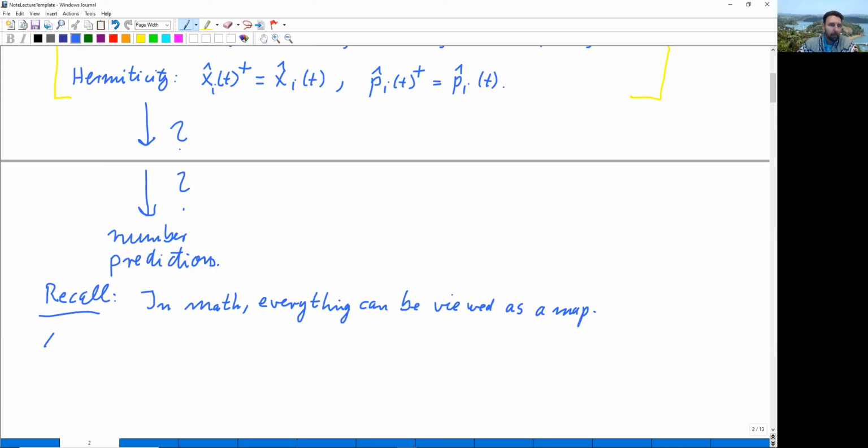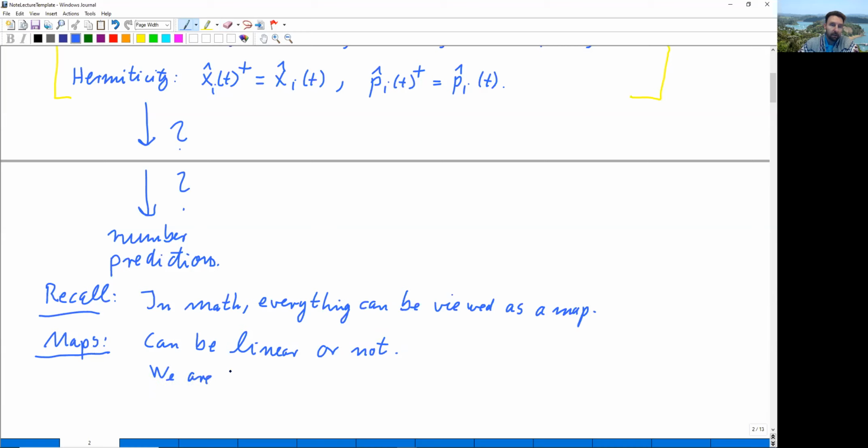So maps come in two broad categories, namely maps can be linear or not linear. For some maps, it doesn't even make sense to ask whether they are linear or not. And I have good news here.